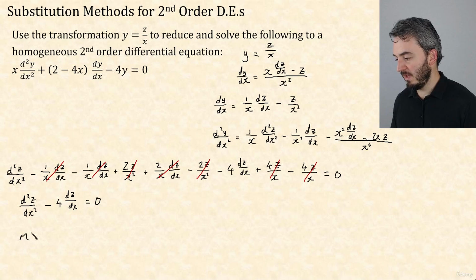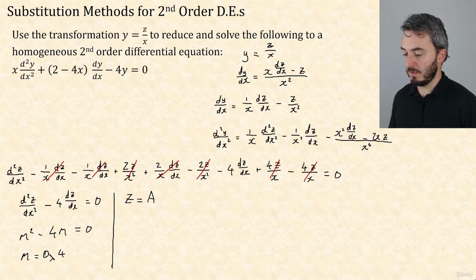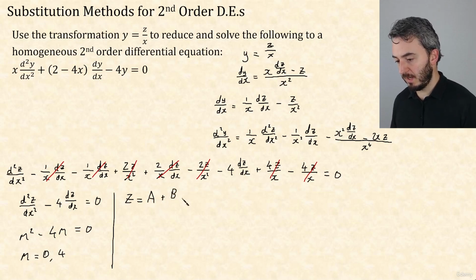Okay, we're there. Here's our auxiliary equation with solutions m equals 0 and 4. And that means that our general solution with z is that z is going to equal any amount of e to the 0 x, so just a, plus any amount of e to the 4x.